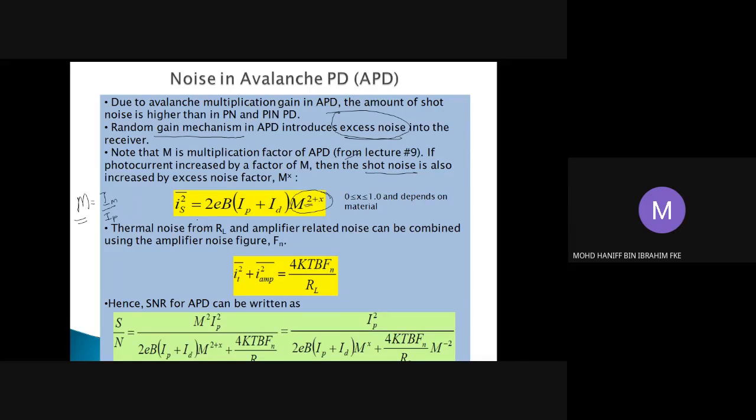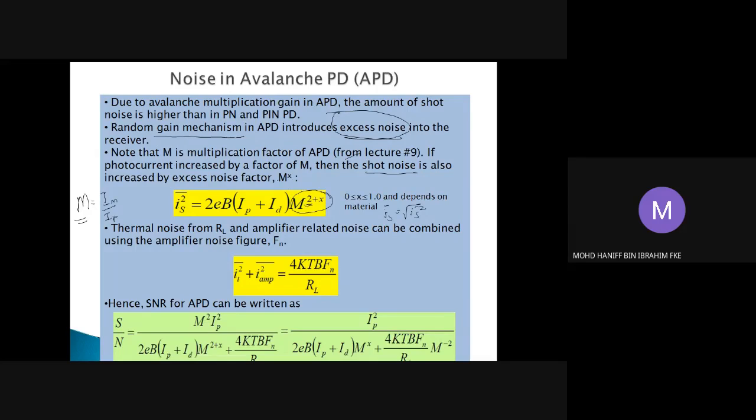We know that the shot noise current is equal to the square root of the mean square, so we have M here as the multiplication factor for your shot noise current.